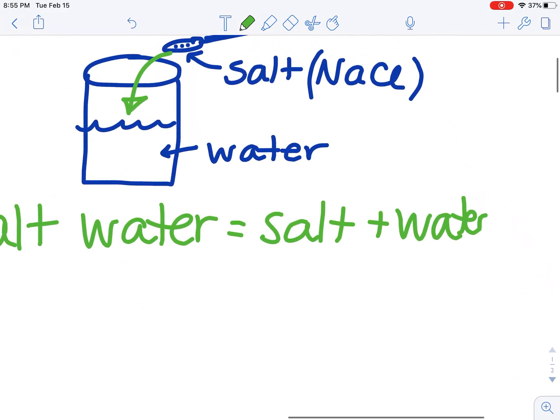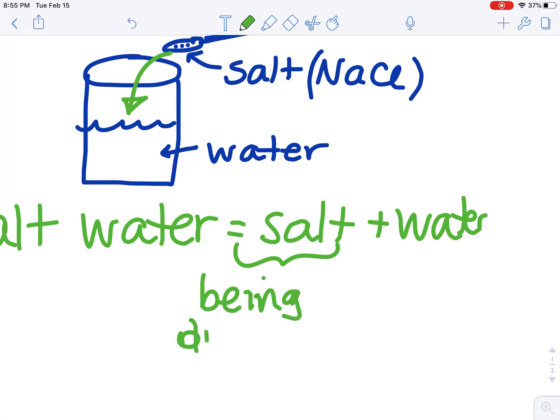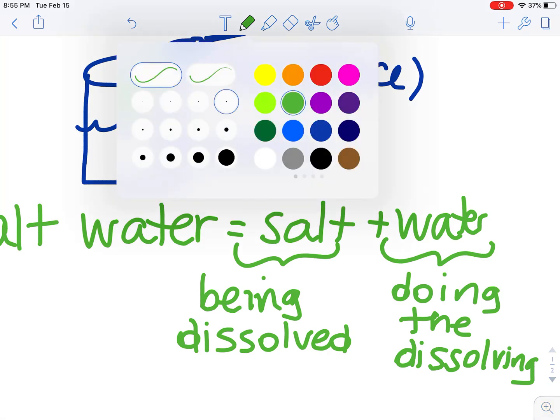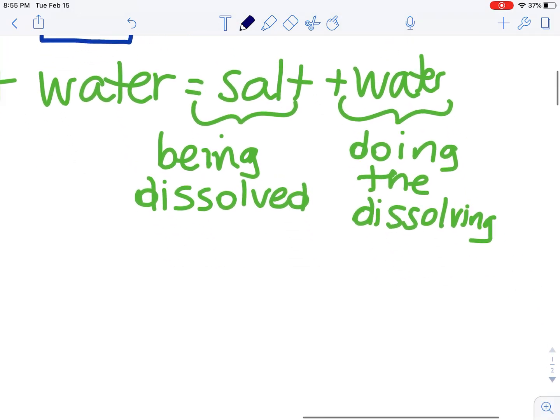The salt is what's being dissolved. The water is doing the dissolving. To link that up with our vocabulary words, the substance being dissolved, or the salt, that is our solute.